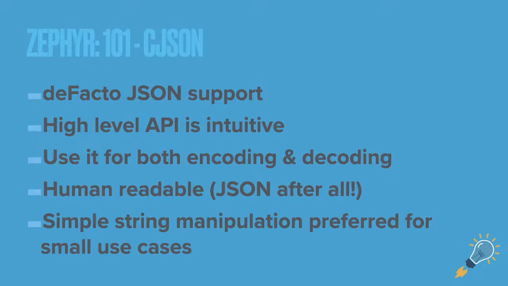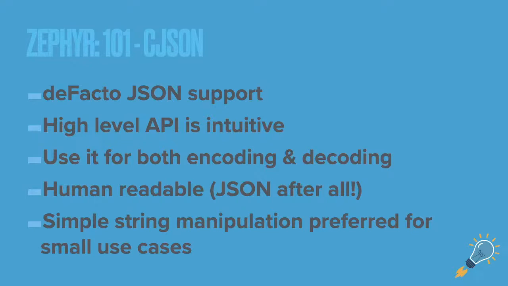You can just look at some of the basic samples, and you kind of glean what you need to do in particular cases. It can be used for both encoding and decoding. We'll be focusing on encoding in this live stream. Of course, if you'd like to see some decoding samples, please let me know. And maybe we can do another live stream about decoding or anything else to get data in from the server. And of course, it is human readable.